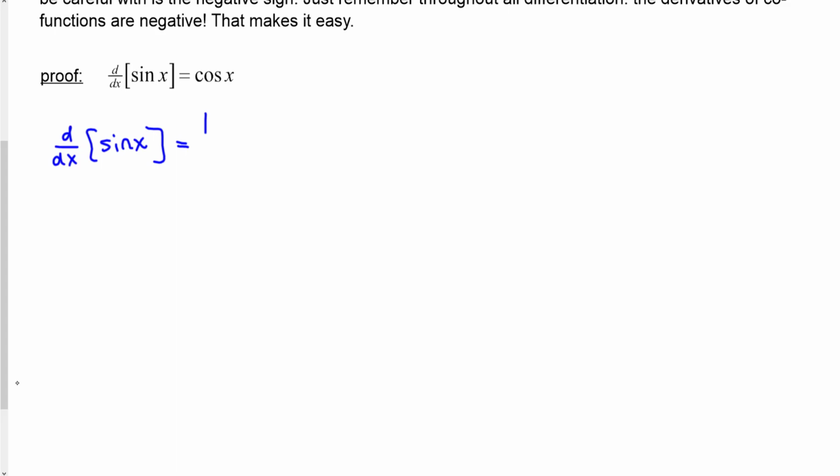So that is the limit as delta x goes to 0 of the function evaluated at x plus delta x. So that gives me the sine of x plus delta x minus the function itself, so minus sine x, all over delta x. So that's just using my difference quotient with the limit definition of a derivative.